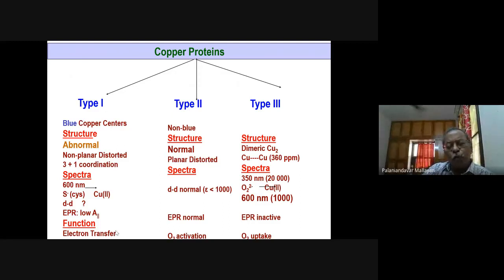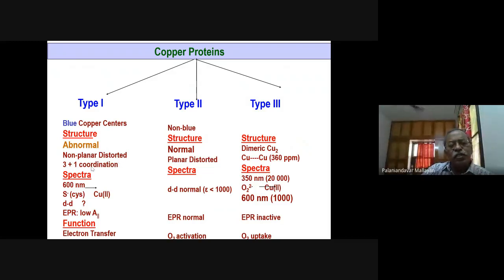This is what we spoke about at length, how copper becomes suitable for reversible electron transfer. I told you how the active site structures of these proteins are very abnormal. Abnormal in the sense they don't have square planar geometry, which is normal. So they have non-planar distorted geometries, and they have 3 plus 1 coordination.